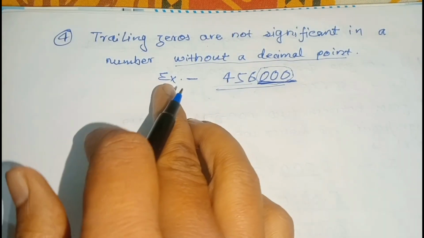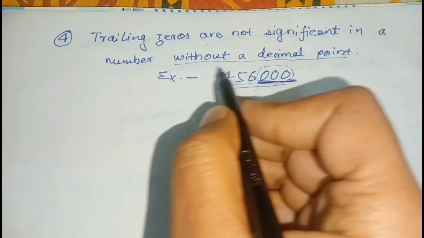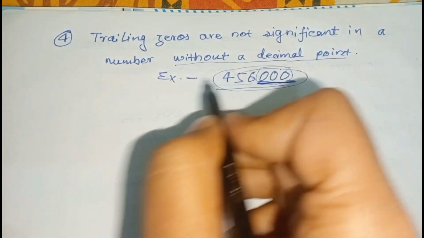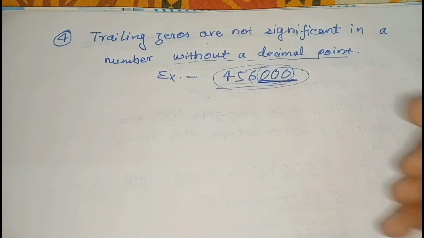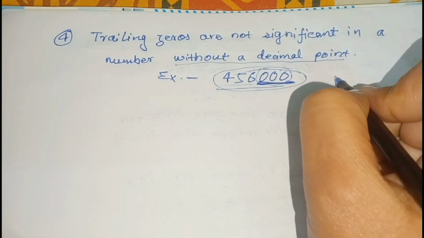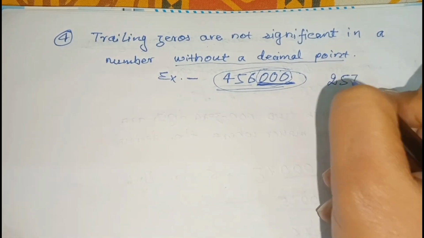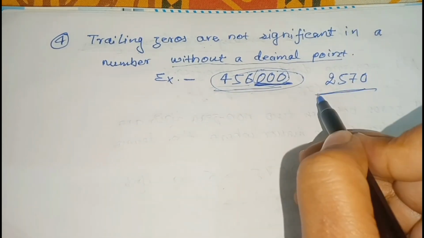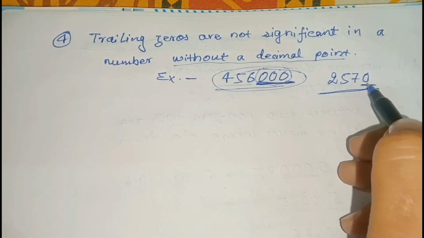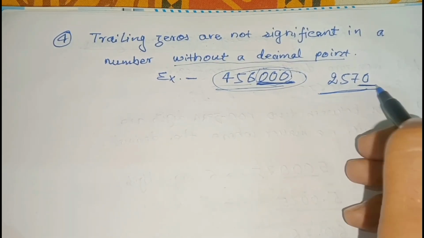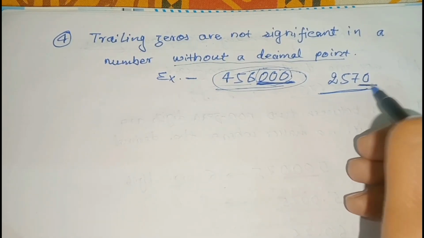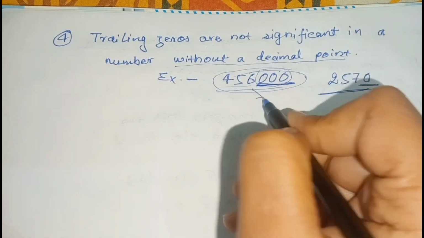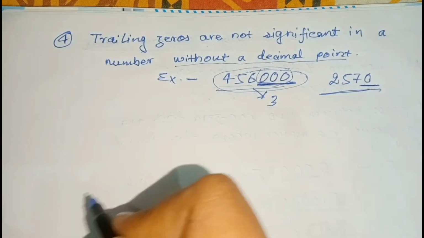Rule number 4 says that if a number has no decimal point, no decimal part, any number, suppose it is 2, 5, 7, 0, this has no decimal point. If a zero occurs at the end, it will not be significant. So this will have 3 significant figures only.